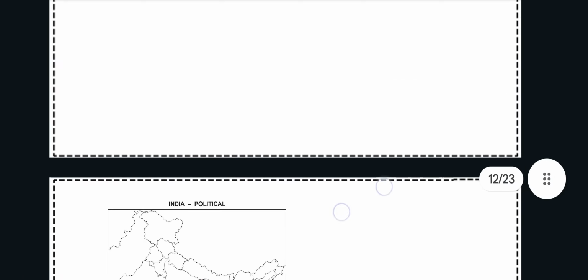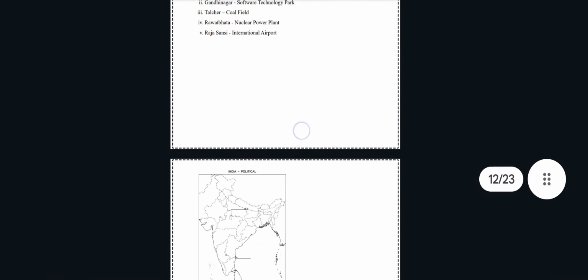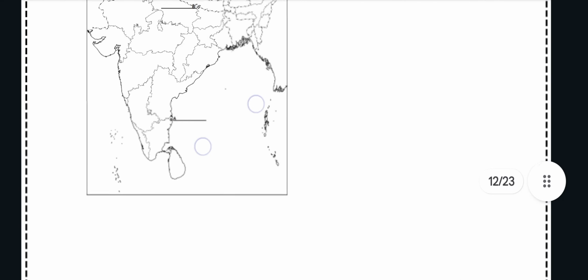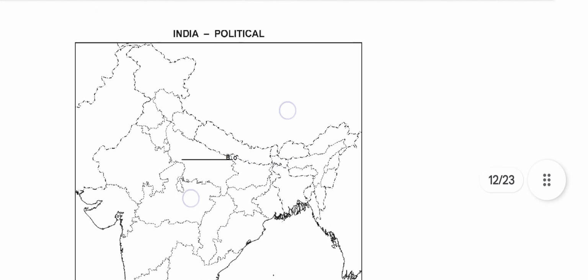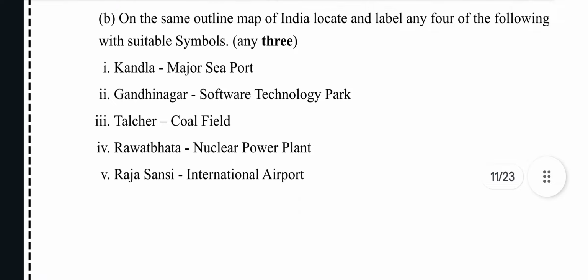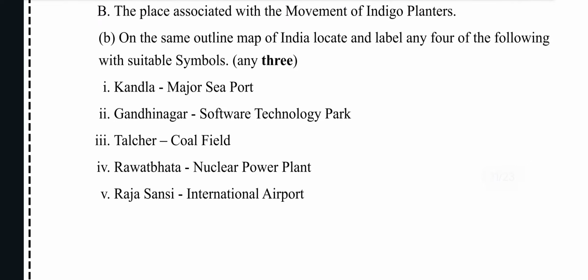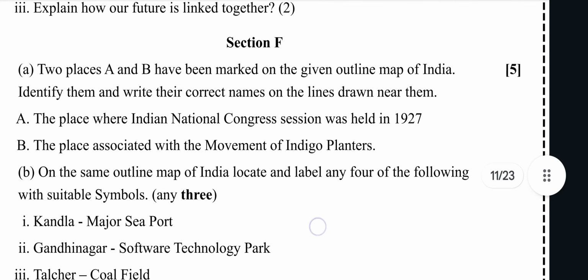Then see here, this is the map I told you. India map is there. Mark this map very carefully. India political map is given to you. All this map work has to be done very carefully. See here: coal field, nuclear power plant, international airports, and major seaports. Any 3 are given here.